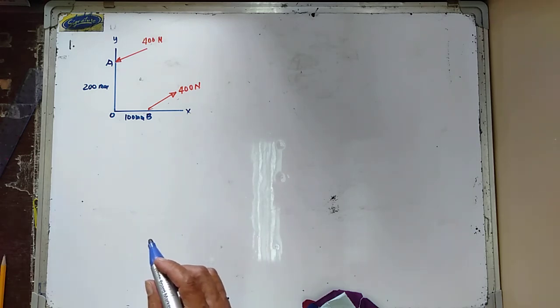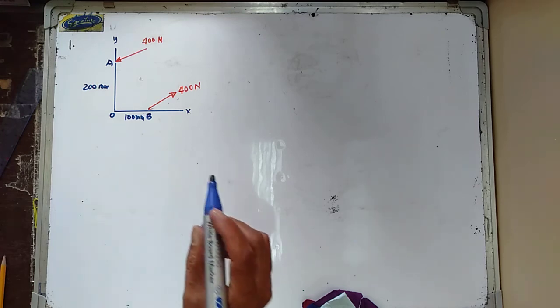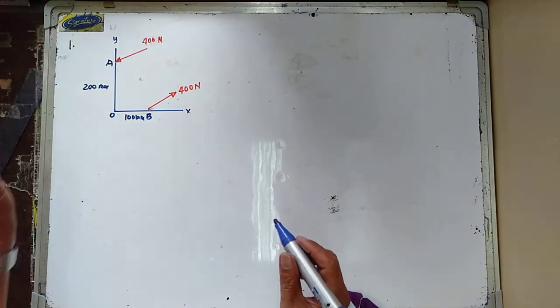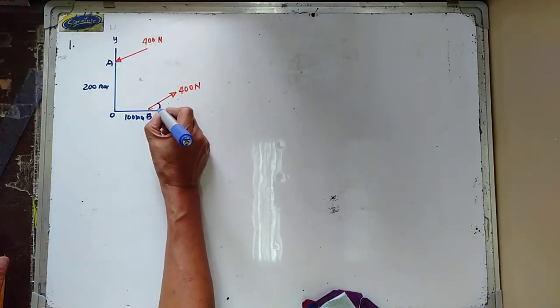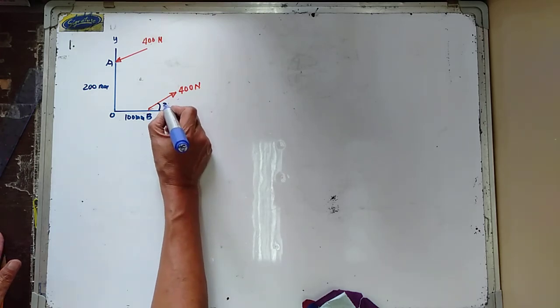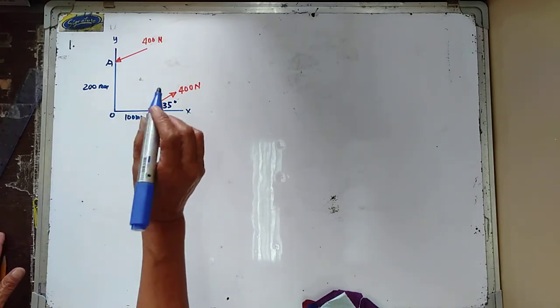So first, let us try to resolve the components of the couple. This is making an angle of 35 degrees with the x-axis.